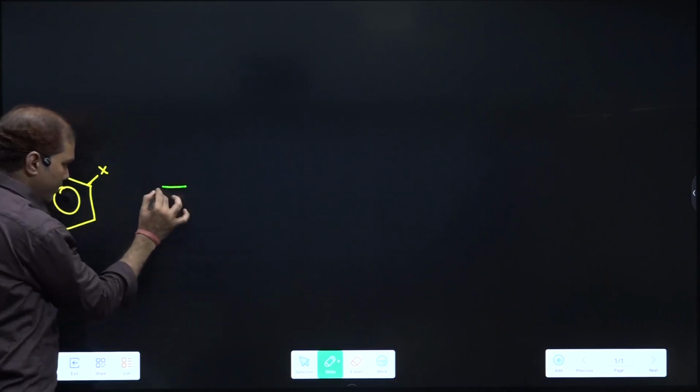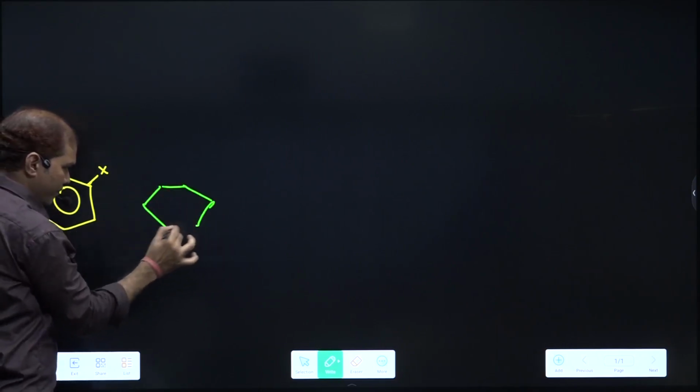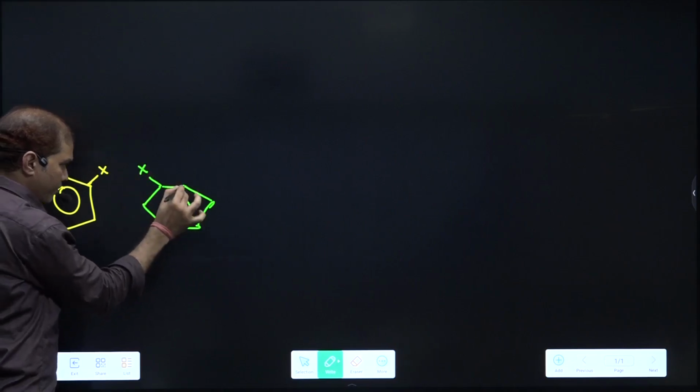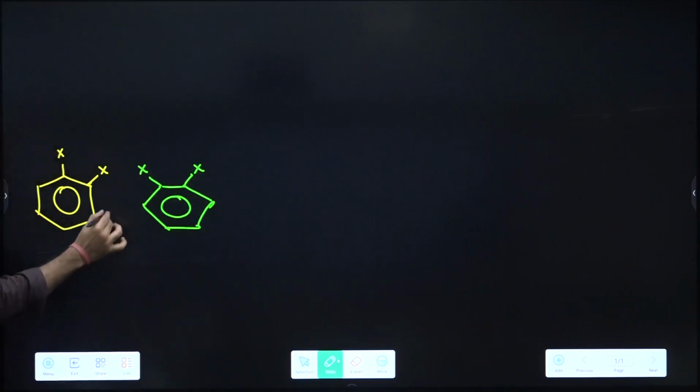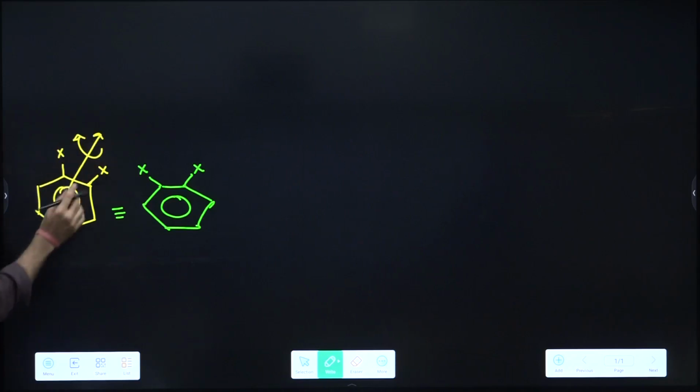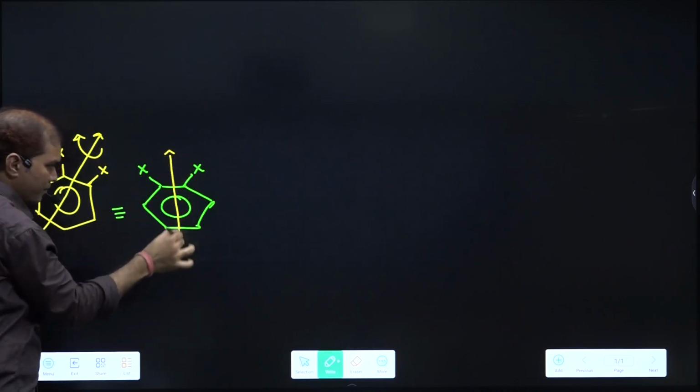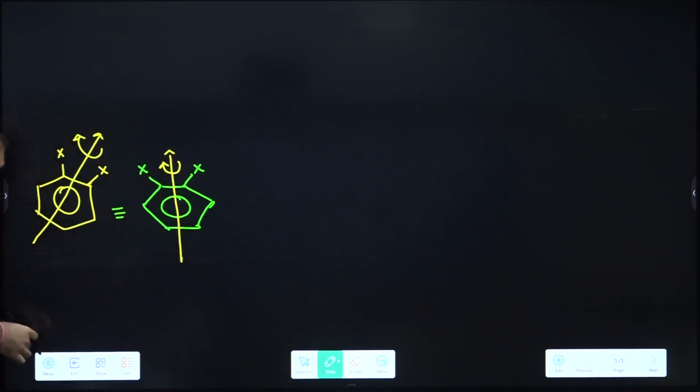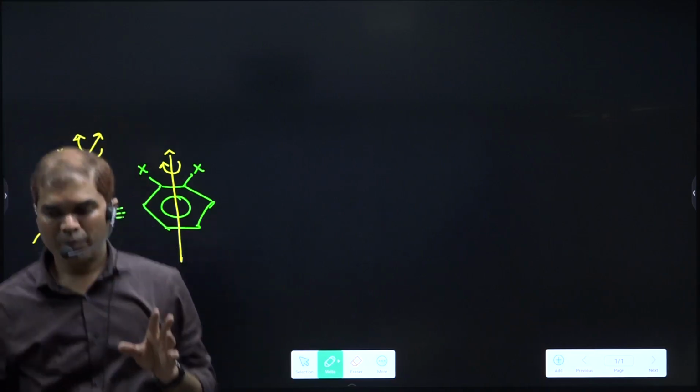The same thing, if I give it like this, both are same. In this case you have to imagine that the C2 is passing between these two. It could be difficult for you to imagine, but the same thing if I orient like this, it becomes very easy for me to imagine. So this is what we call proper orientation or imagination of the molecule. If I am able to orient it properly, I can easily imagine it. Got the point? Okay, these are just a few guidelines.